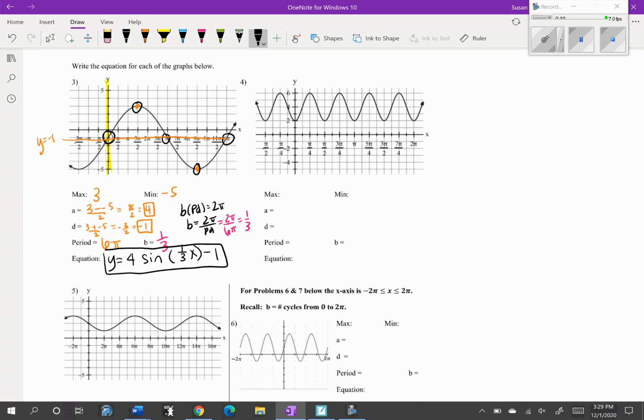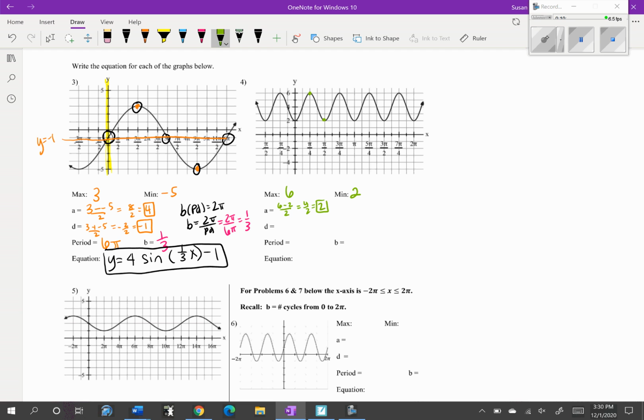Looking at the next one, same thing. So the maximum is here and the minimum is here. So 6 and 2, which means that the amplitude is the maximum minus the minimum divided by 2, which is 2.